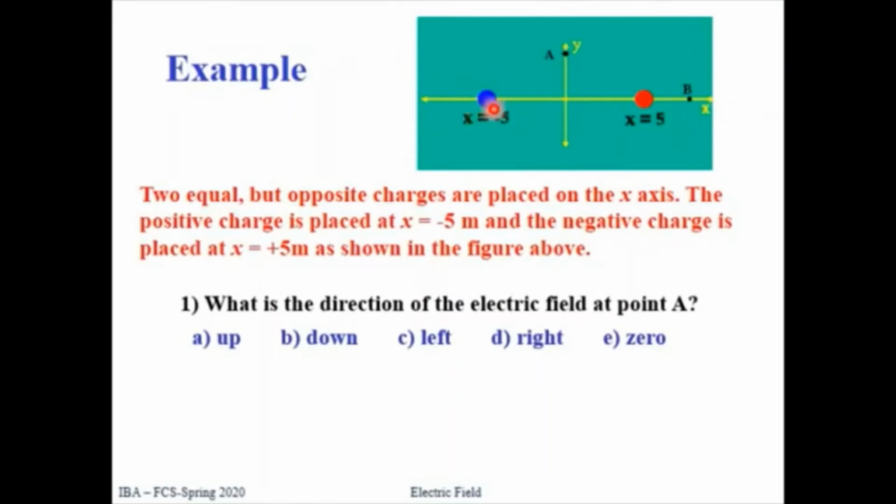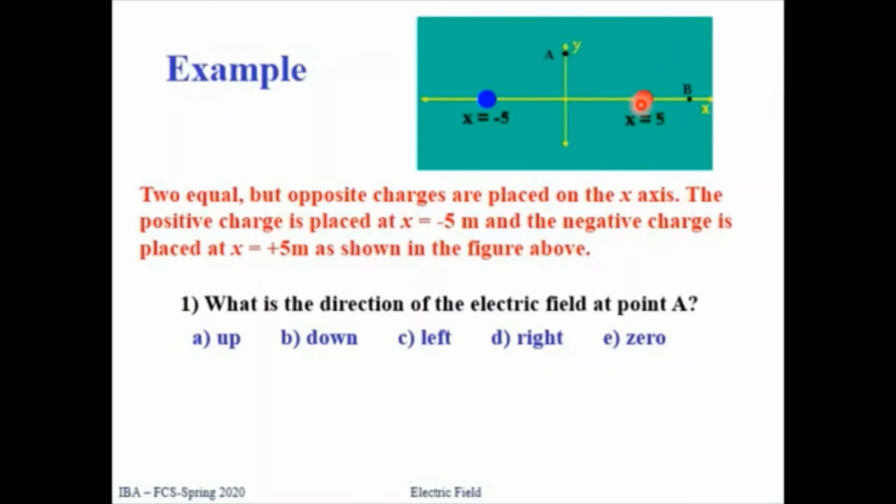That means the direction of the field from this positive charge at this point must be in this direction. Similarly, if we have a negative charge here, then the negative charge is a sink charge, and the line of forces moves into the negative charge in any case.